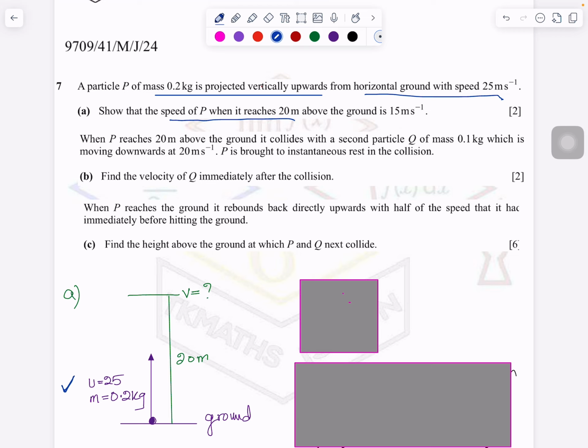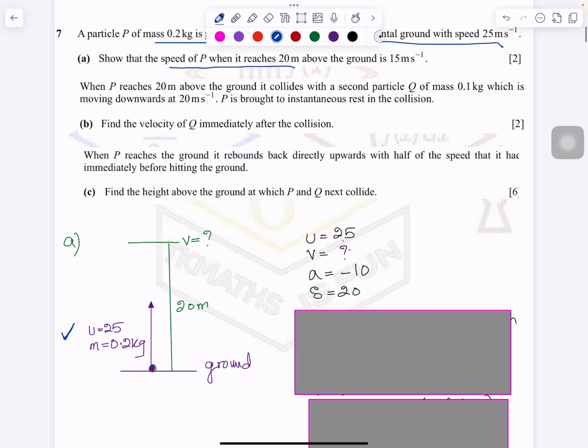So this is the situation. This is a very simple case of the constant acceleration formula. The information given to us is u, the initial velocity, v, the final velocity, and a equals minus 10, like I have just explained to you. Acceleration is acting downward and the ball is thrown up, so a equals minus 10, right?